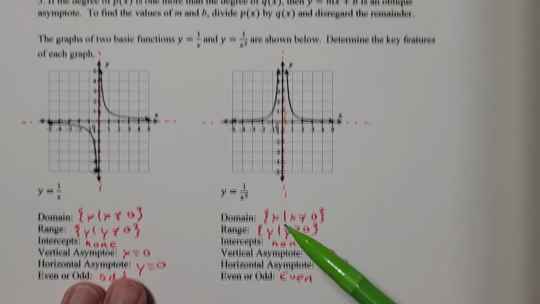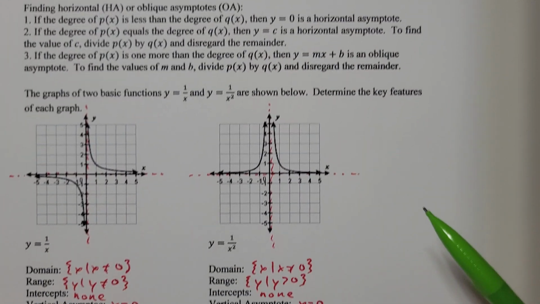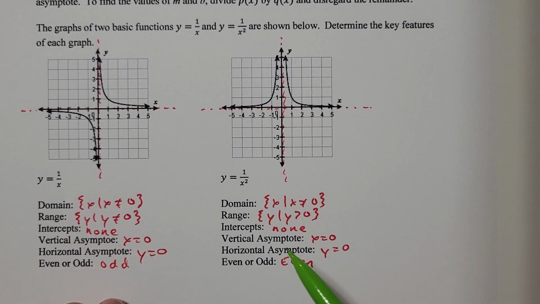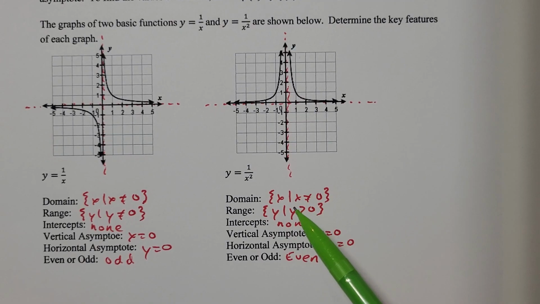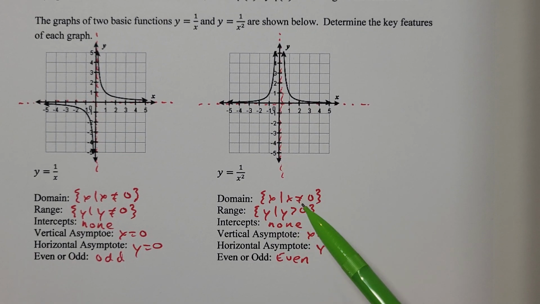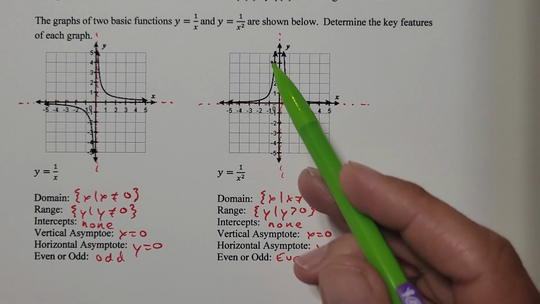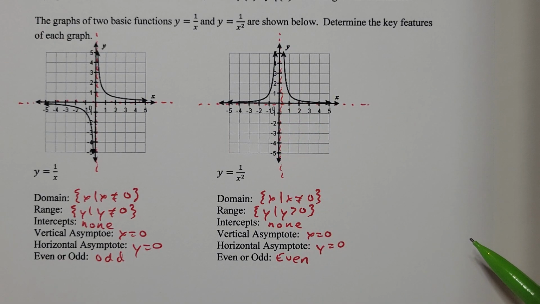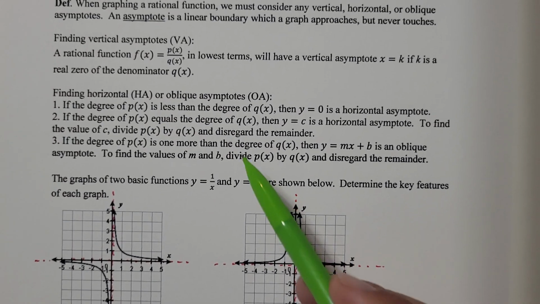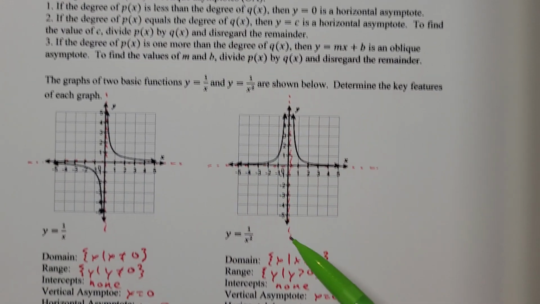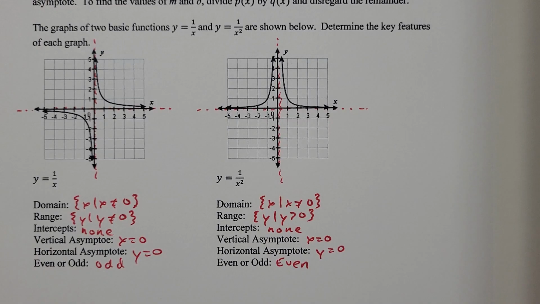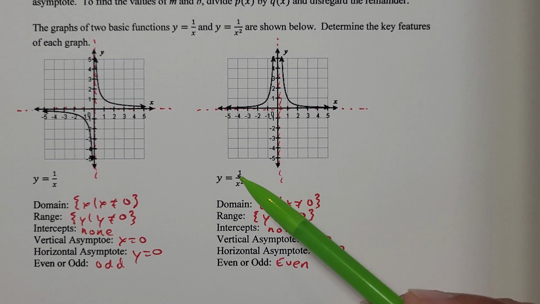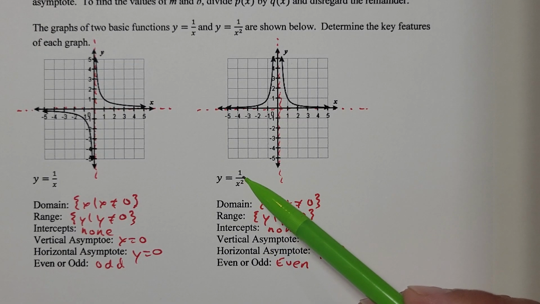And just, again, to tie in what I've mentioned up here, the vertical asymptote is going to be any number that you're throwing away as a result of the domain. So because I'm throwing away 0, I know that there's going to be a vertical asymptote at x equals 0. And to get the horizontal asymptote, I compare the degree of the top to the degree of the bottom. So with 1 over x squared, the largest power of x that I see up top is 0.